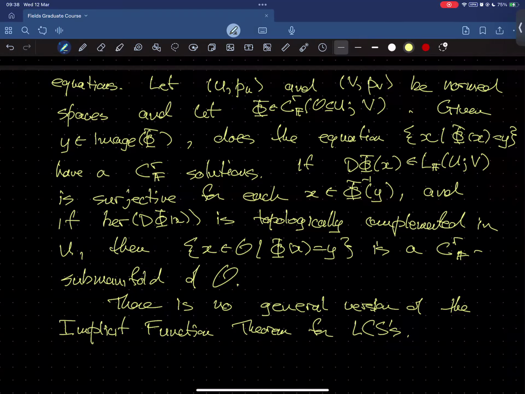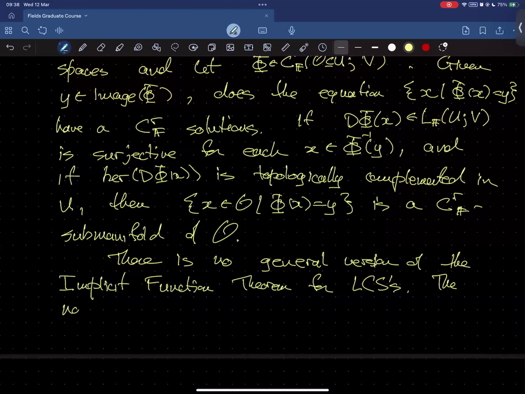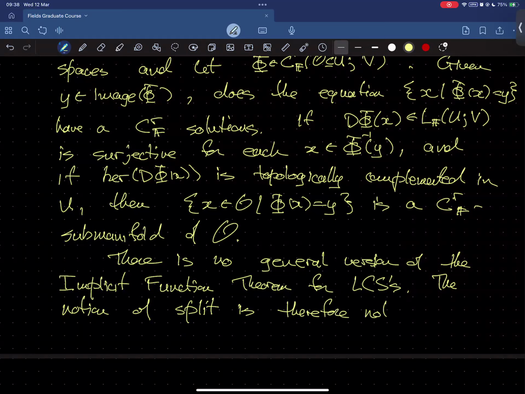For this reason, the notion of split is therefore not generally important except for normed spaces.